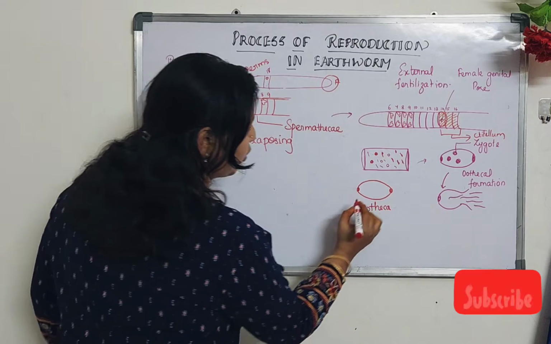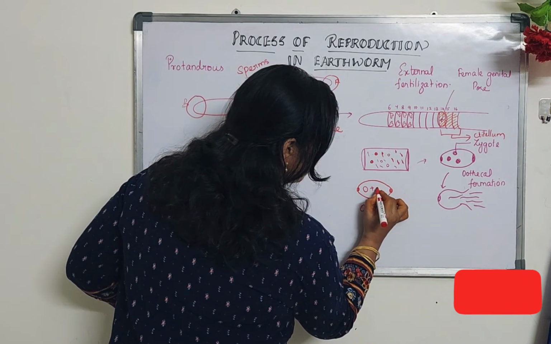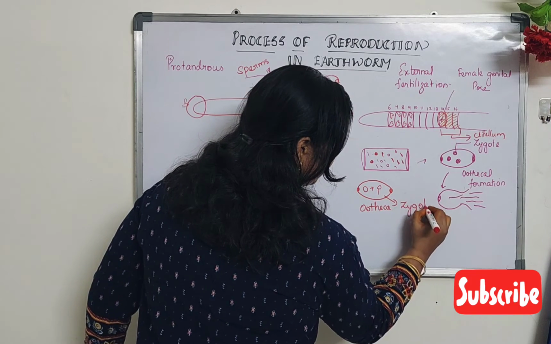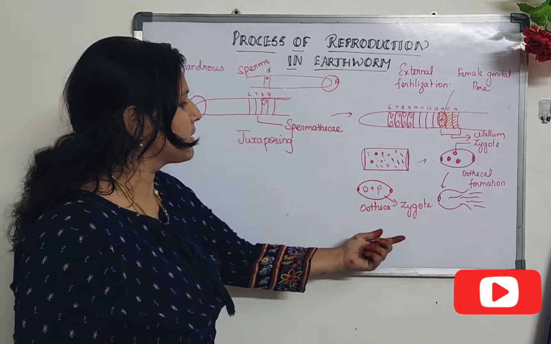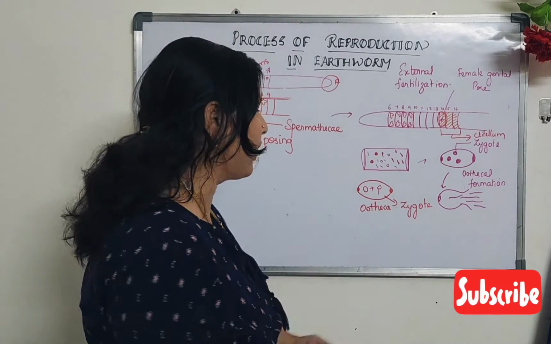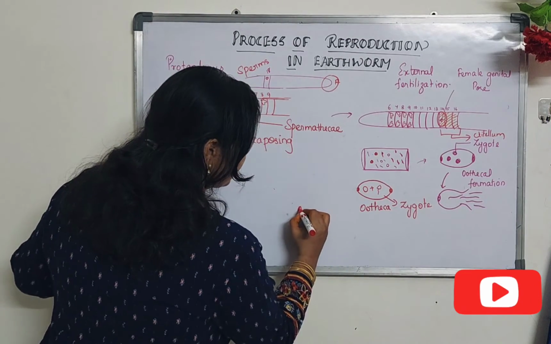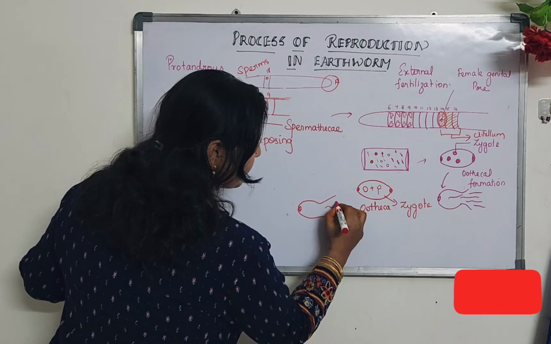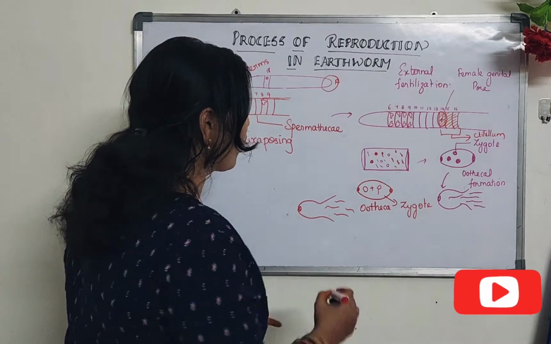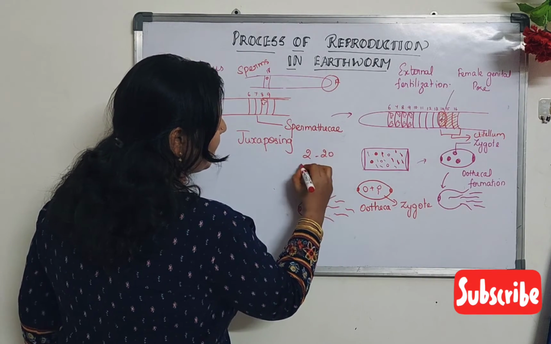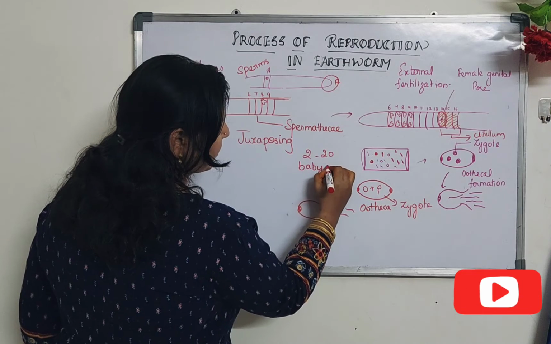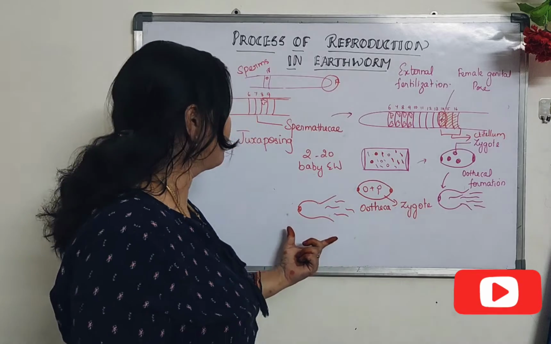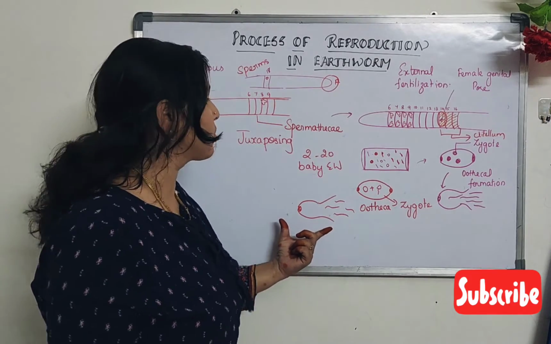Inside the ootheca, the egg fuses with the sperms to form the zygote. Later, this zygote slowly matures, and at a particular stage the ootheca bursts open and the baby earthworms come outside. From every cocoon, around 2 to 20 baby earthworms are formed.